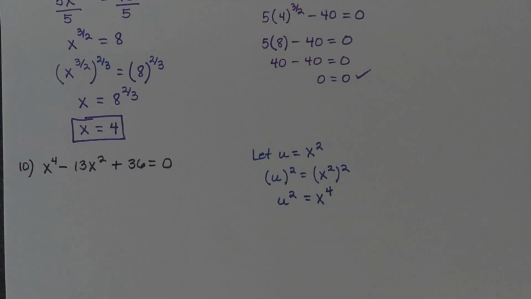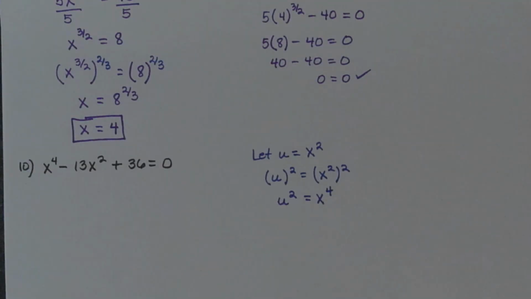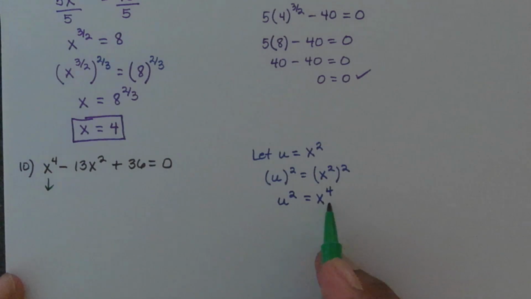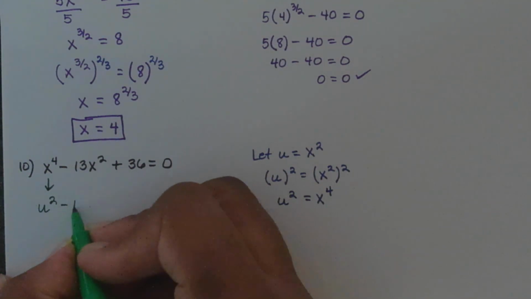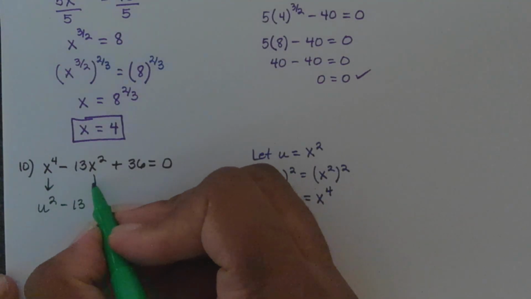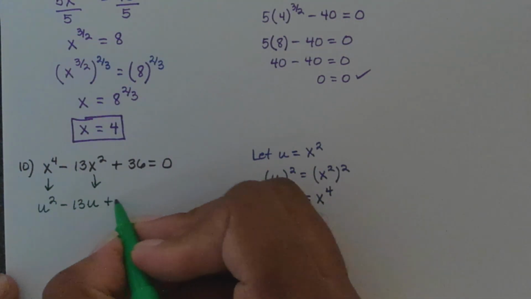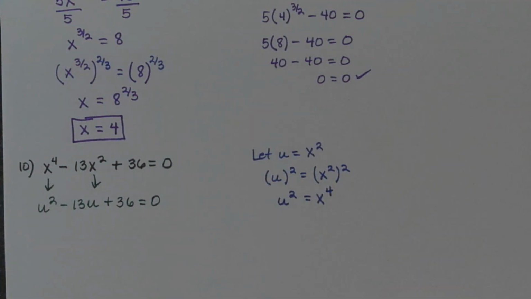Now we're going to substitute u and u squared into this equation because our equation is going to be in terms of u. Now, x to the fourth is u squared, minus 13 times this x squared, we let u be x squared, so it would be 13 times u, plus 36 equal to 0.